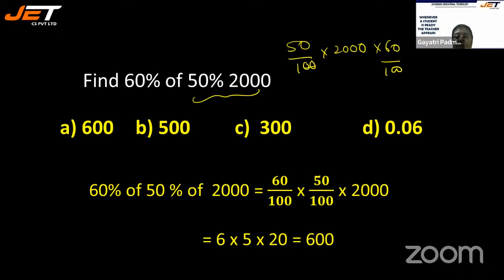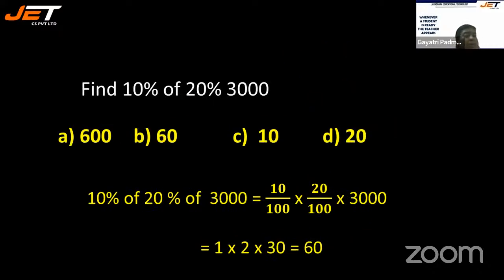So slowly start cutting zeros. 0, 0, 0, 0, which leaves 5 twos are 10, and then 0 into 6. So it is 600. You should not by mistake write percentage, because it is only 600.